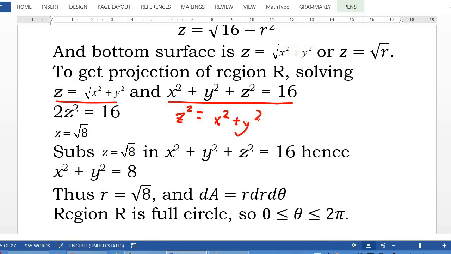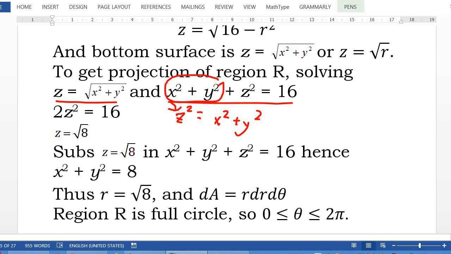So x squared plus y squared is equal to z squared. So z squared plus z squared equal to 16, or 2z squared equal to 16, or z squared equal to 8, then z equal to root 8. Then substitute z equal to root 8 in the sphere equation.